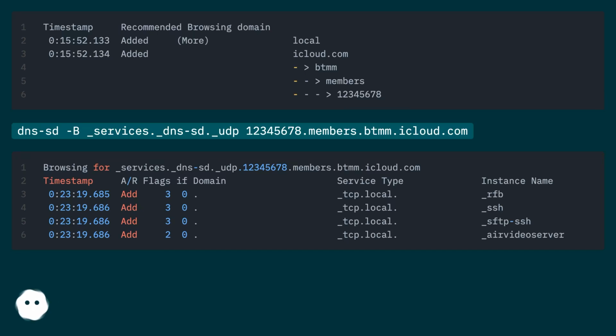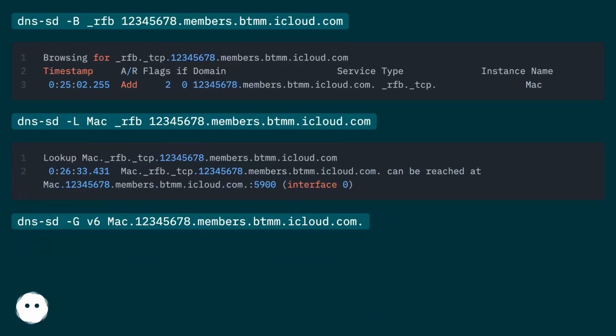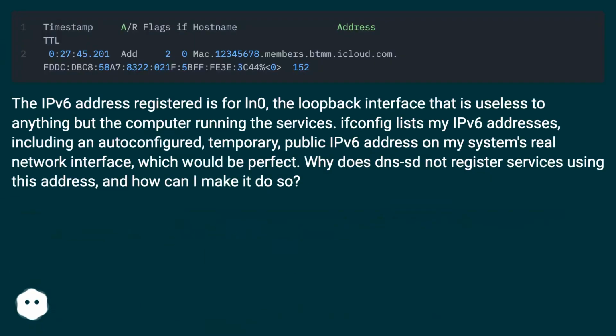dns-sd -B _services._dns-sd._udp 123456788.members.btmm.icloud.com. The IPv6 address registered is for lo0, the loopback interface that is useless to anything but the computer running the services. ifconfig lists my IPv6 addresses, including an auto-configured, temporary, public IPv6 address on my system's real network interface, which would be perfect.